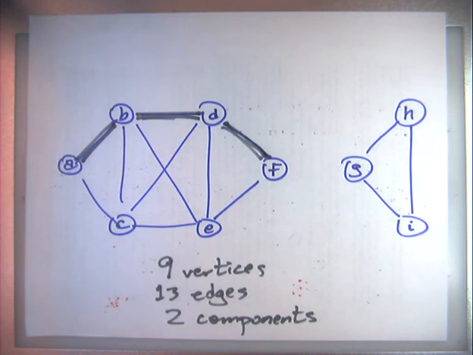Two vertices are equivalent, the actual adjective is connected, if there's a path from one to the other. And the components are the equivalence classes for this equivalence relation. Some people will sometimes say connected components. That's redundant. By definition, components are connected.